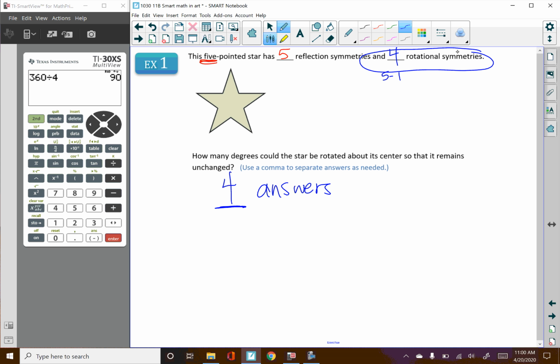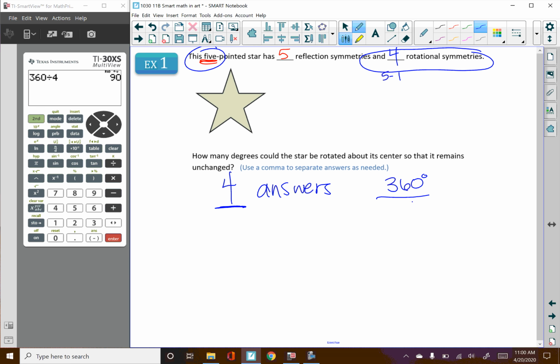To find those 4 answers, we're going to take 360 and divide it by 5. Well, 360 divided by 5 is 72. So 72 is our count by.